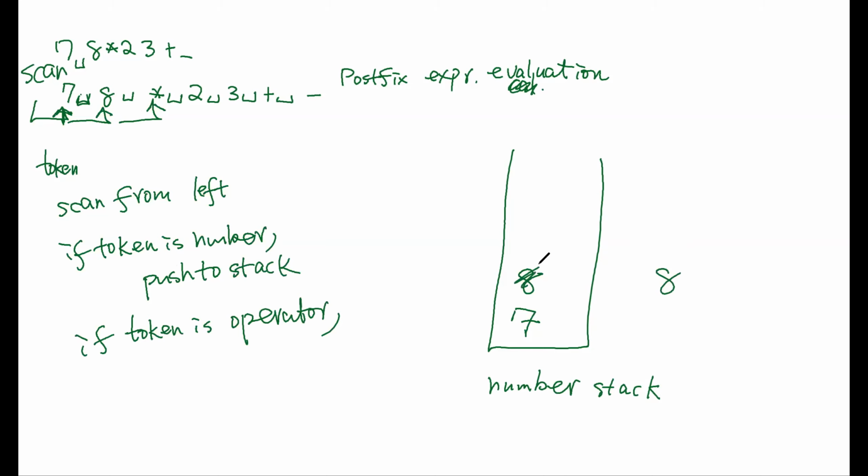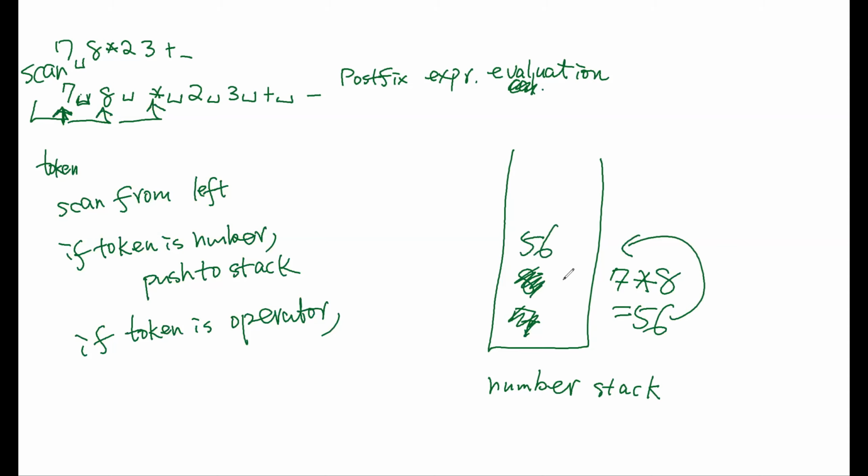So 8, I pop it out, then 7, I pop it out. Then I apply the operator to these two numbers. What do we get? We get 56, and I push it back to the stack.